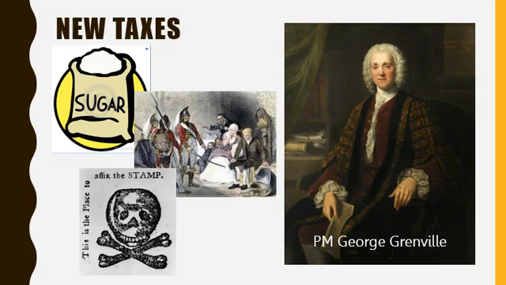So you're just by default not going to have to pay the tax on all this other stuff. So it's indirectly a tax only for the colonists, this Sugar Act is. The Stamp Act is the first tax that is specifically and only directly for the colonists. They did not pass the Stamp Act to affect the British people in Great Britain. This is only for the people in the colonies.